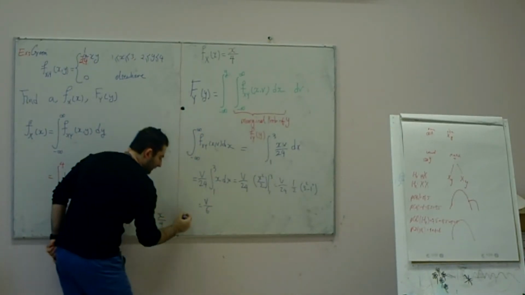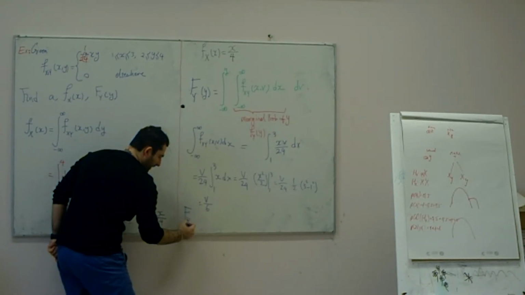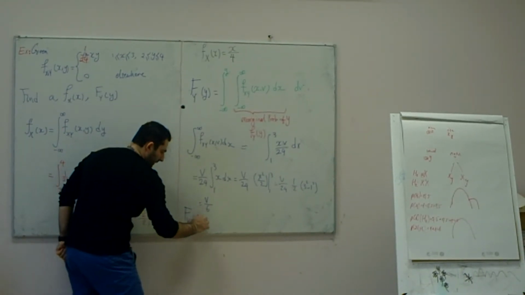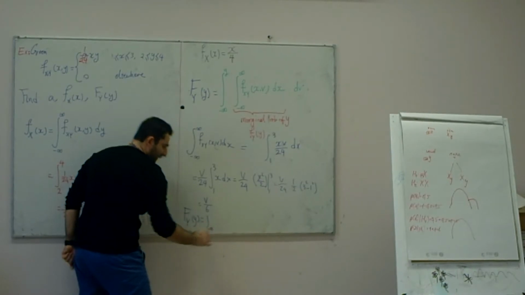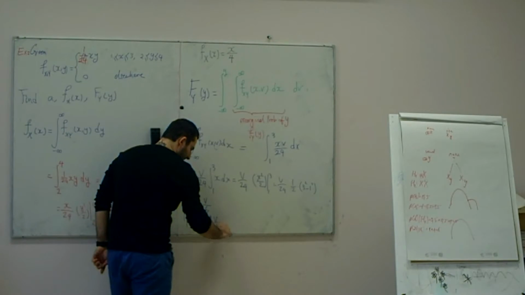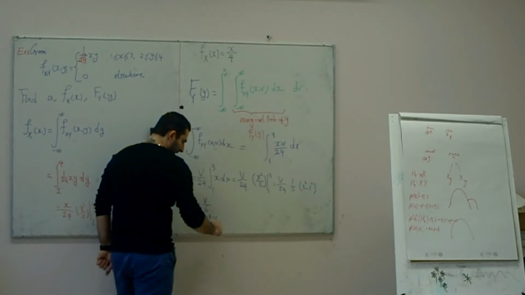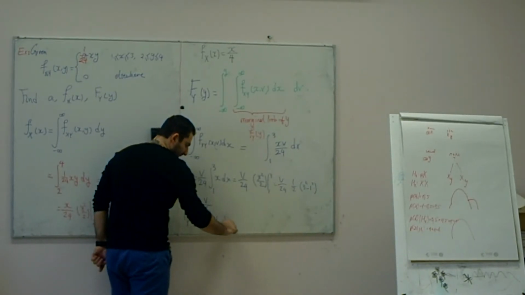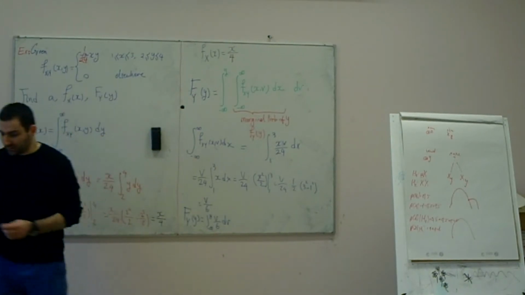And then f_Y(y) is the integral from minus infinity to value y of v over 6 dv. Okay, what about this integral?